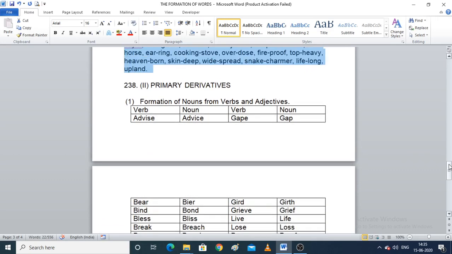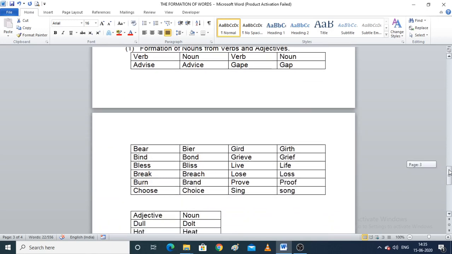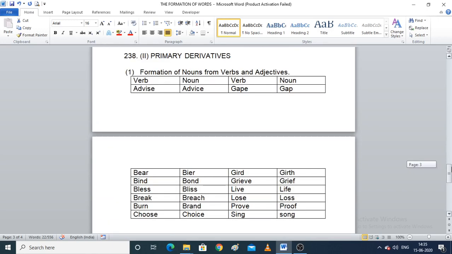Now let's come to the next topic, students. See this, primary derivatives. Formation of nouns from verbs and adjectives. We will form nouns using verbs and adjectives.